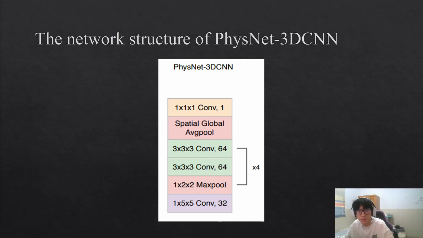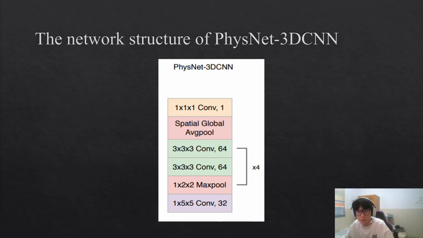The VCNet 3D CNN architecture is designed to effectively extract rPPG signals from video sequences through its specialized deep learning structure. At its core, the network uses three-dimensional convolutional layers to simultaneously process both spatial and temporal information from the input video frames.